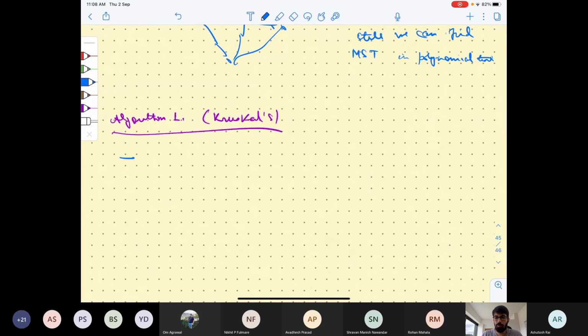Just find the minimum weight edge in E that is not already added.